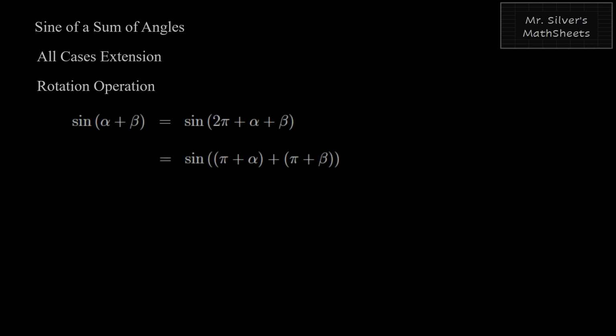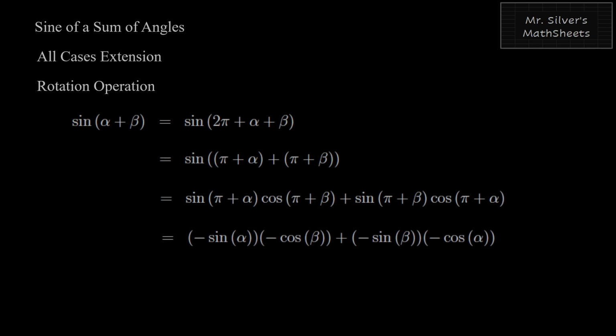So we'll split that 2 pi to each of the angles, and then we'll apply our rule, and we'll discover that since sine of a rotation or cosine of a rotation is just the negative of the angle, and all those negative signs cancel, we'll wind up exactly with what we would want.